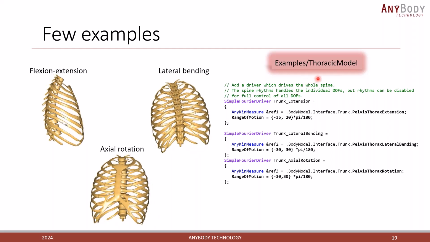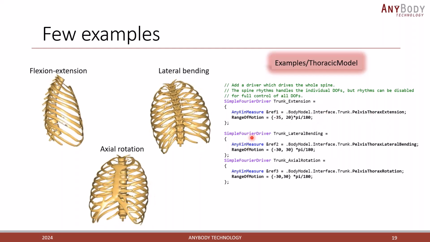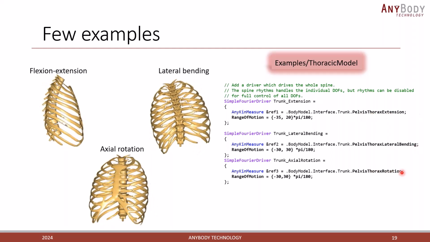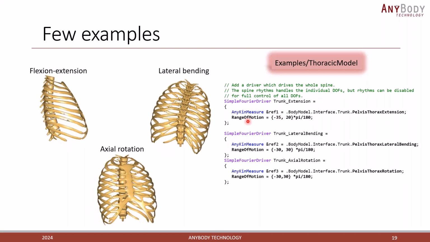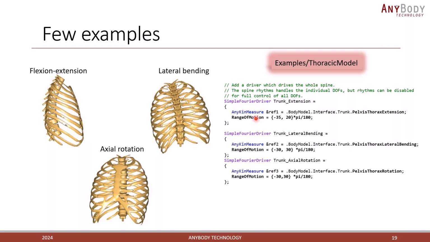So what you need is just to add 3 drivers to the whole spine. For example, here there are these Fourier drivers, but you can just use a simple driver as well for the pelvic thorax extension, lateral bending, and axial rotation, and then you put the range of motion or the angles, and then there you are.